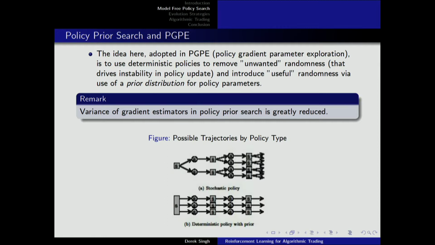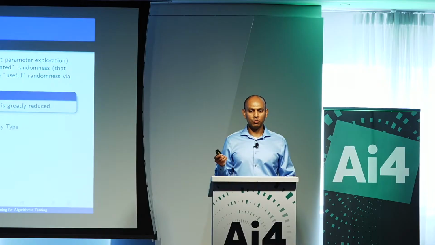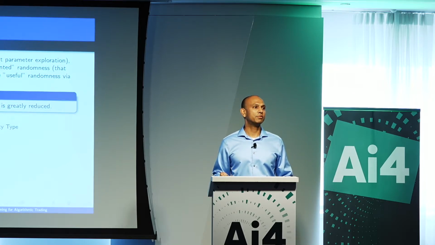And so this essentially pushes the optimization up one level, whereas before I was optimizing directly over the parameters for my stochastic policy. Now I have a deterministic policy, but the choice of deterministic policy is driven by my choice of hyperparameter values.